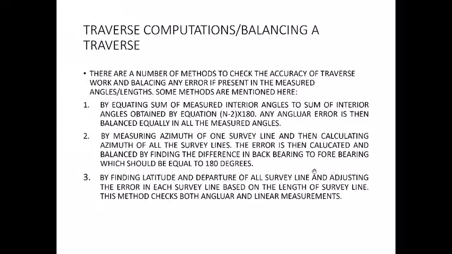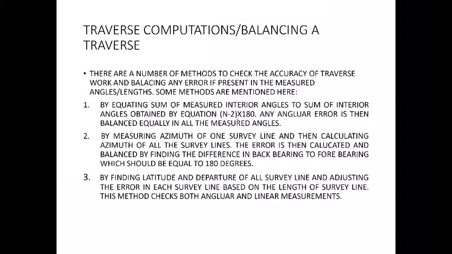So in summary, in order to check if your traverse is plotted accurately or needs some recomputations or balancing, there are a number of steps that we have to follow. First, you have to see what is the sum of the interior angles and the exterior angles.